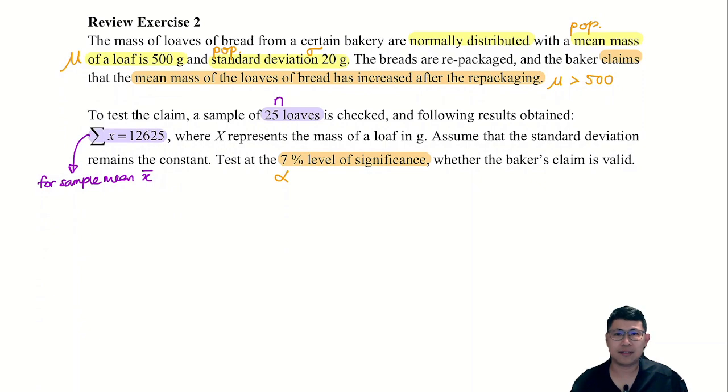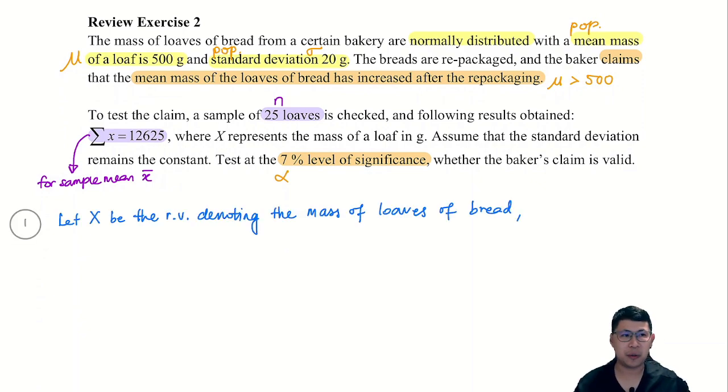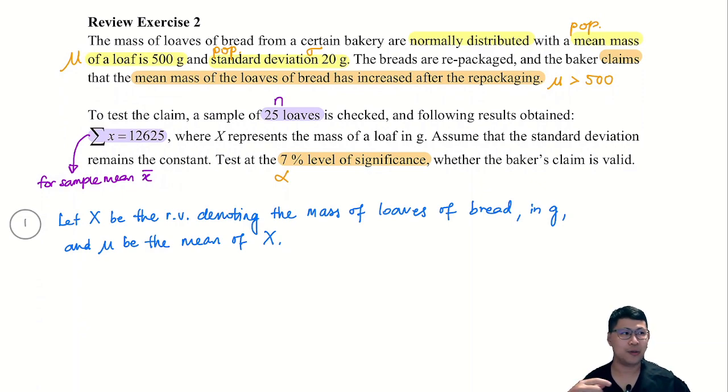Let x be the random variable denoting the mass of loaves of bread in grams, with the units over here, and mu be the mean of x. So we also define the population mean. This is step 1. Technically you don't have to write 1, 2, 3 on the sides; I'm just telling you which step this corresponds to.